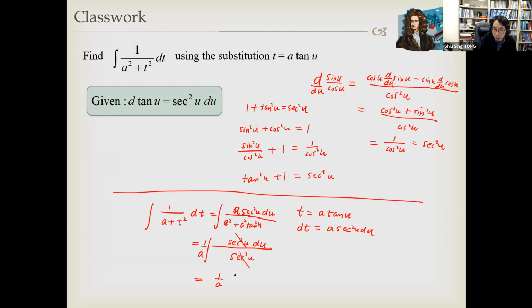And eventually I get u plus c, right? But u is what? u is arctangent of t over a. So it's given by arctangent of t over a plus c. So that is the answer.